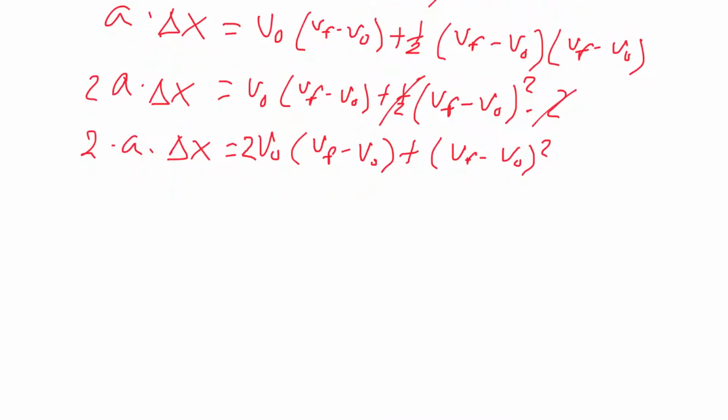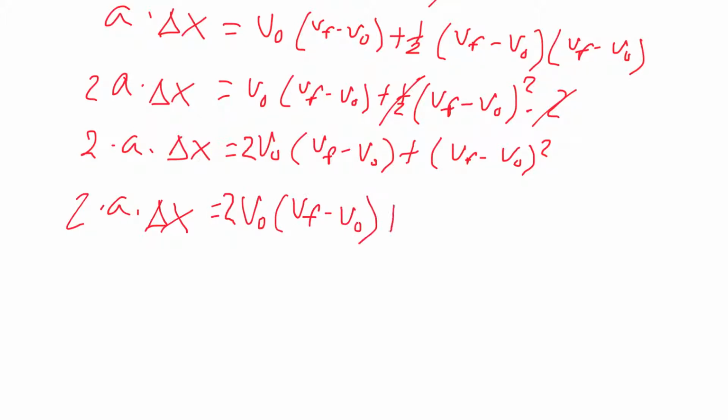Okay, now we can go ahead and do the distributing in here. This is a polynomial, so let's write it like that. So we've got 2 times the acceleration times delta x equals V naught times (V final minus V initial) plus, okay, this is that FOIL thing that we have to do.